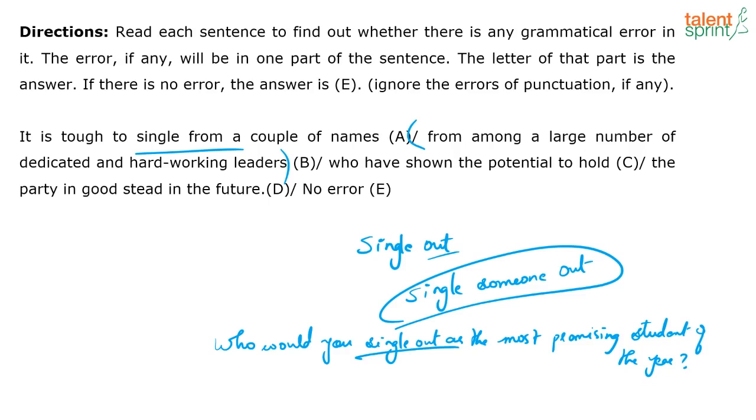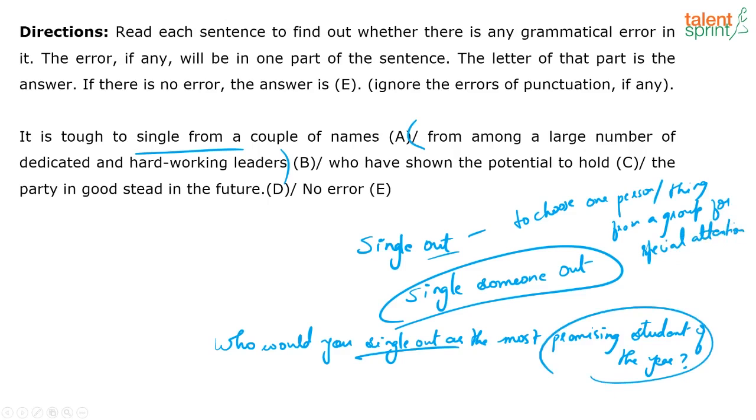Who would you choose? That's the meaning. The meaning is to choose one person or thing from a group, obviously for some sort of special attention, right? So in the example that I gave, we are obviously looking for student of the year. So promising student of the year.